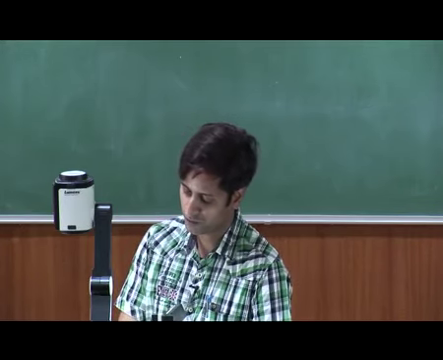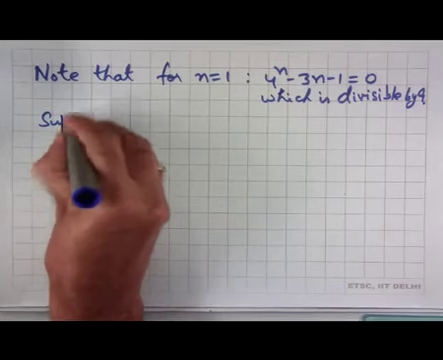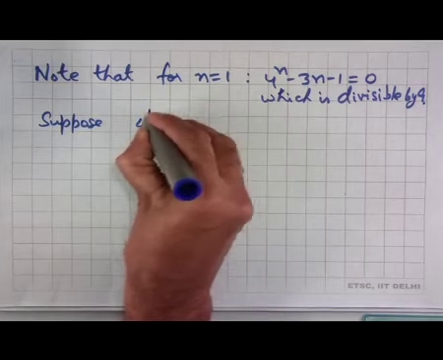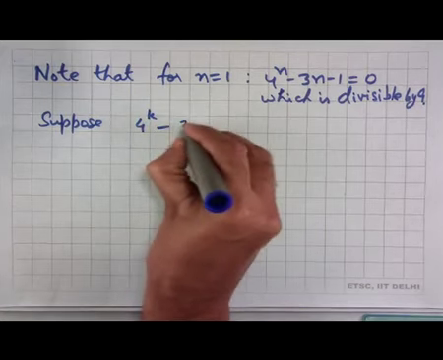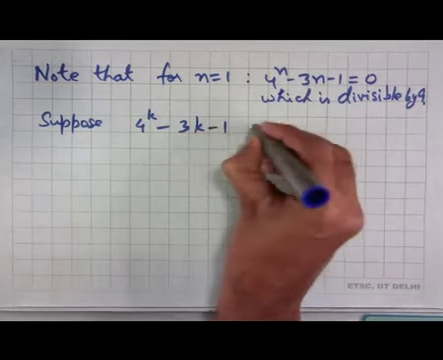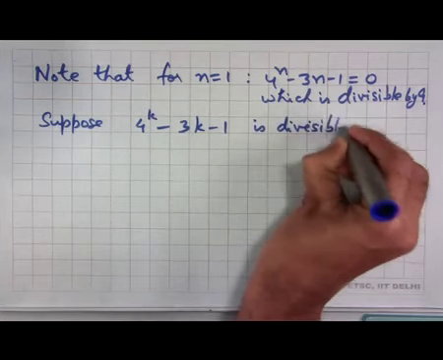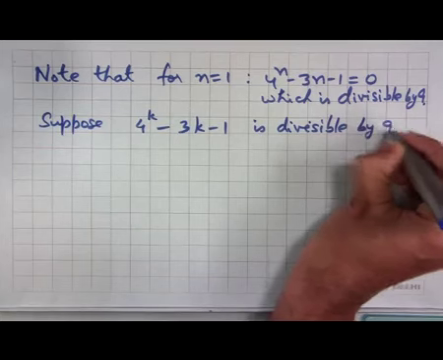So, suppose 4 to the k minus 3k minus 1 is divisible by 9.